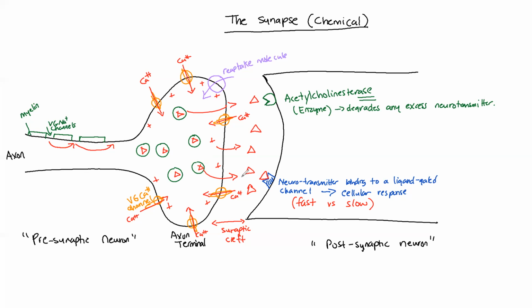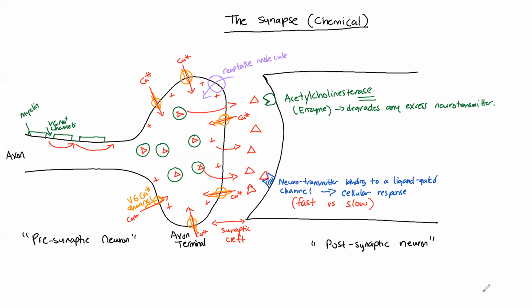Those neurotransmitter molecules binding to their relative receptor, initiating the fast or slow response by the opening up of these ligand-gated channels, and then the clearing of the junction in order to cease the signal being done by the enzyme on the postsynaptic membrane, as well as the reuptake molecule on the presynaptic membrane.